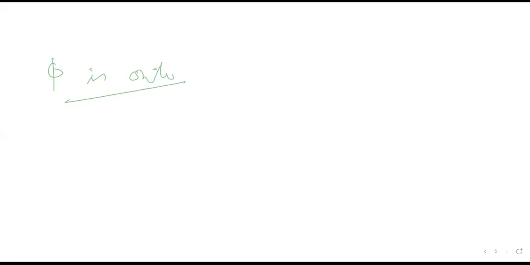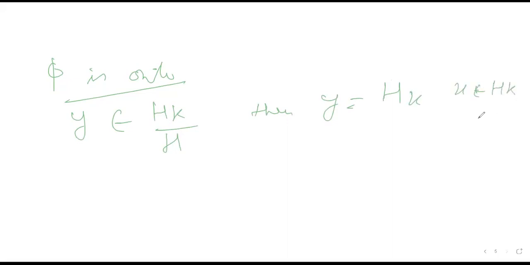But mostly we just write statements. There's nothing much to prove. So let's say some y belongs to HK by H. Then y will be equal to some H into some x, where x belongs to HK.